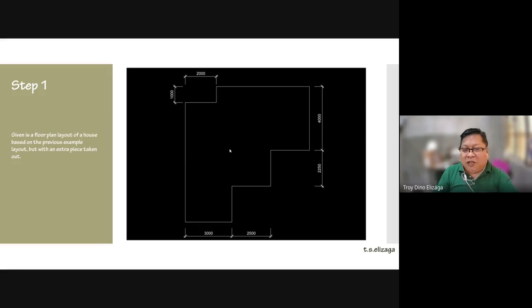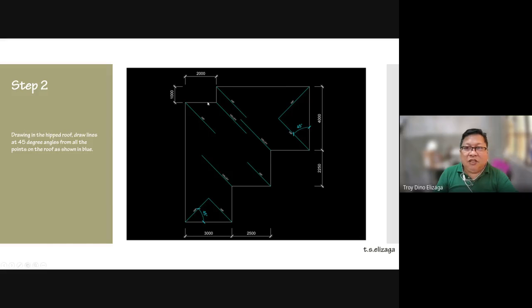So we make it more complicated by cutting a part of the corner in the upper left. We cut off 1000 by 2000 millimeter on the corner. And then we still do the same. So it's the same process. So here we can complete the roof, but here we just drew in.